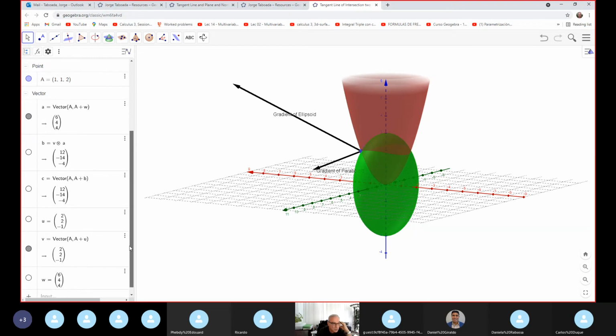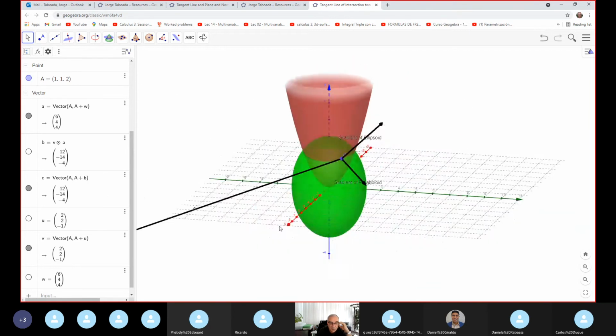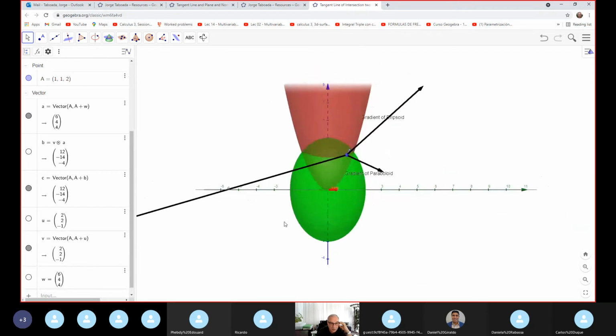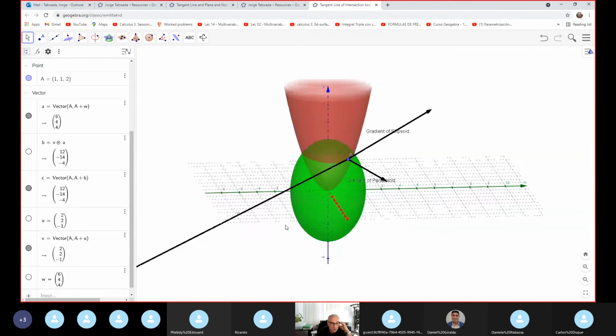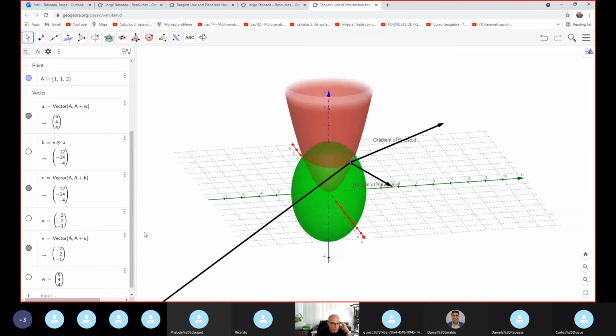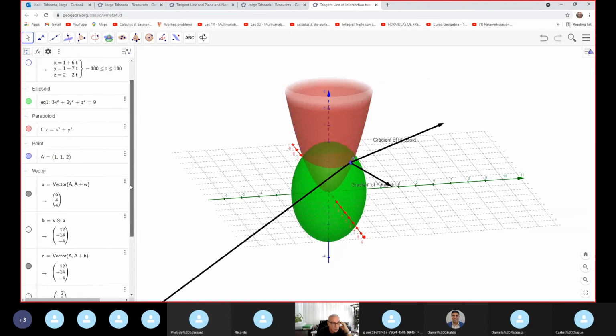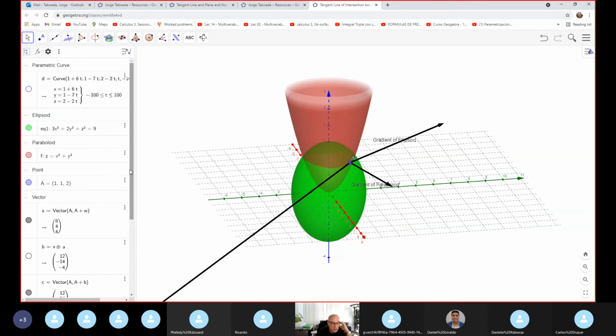Now let me see. This is the cross product of the two gradients. Boom. Wow, it's a big vector. I don't care. Now, the equation of the tangent line is this, in blue color.